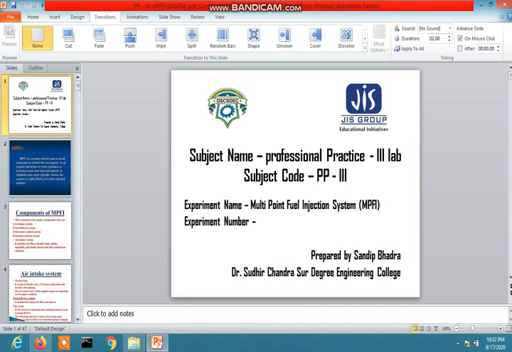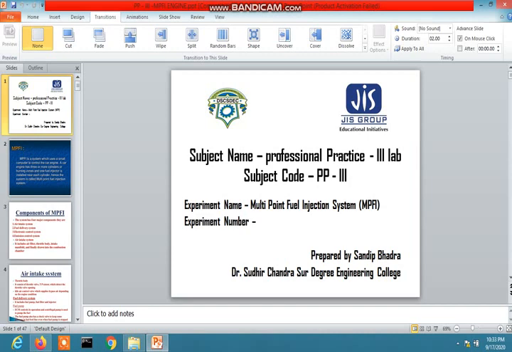Some recent automotive engines are equipped with gasoline injection system instead of carburation for one or more of the following reasons. First, to have uniform distribution of fuel in the multi-cylinder engine.